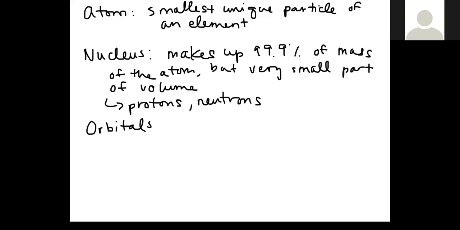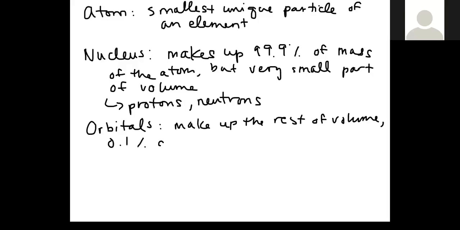And so they make up the rest of the volume and 0.1% of the mass. So the mass of electrons is almost negligible. It is so small compared to protons and neutrons.